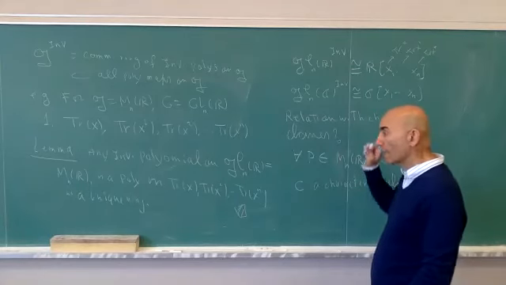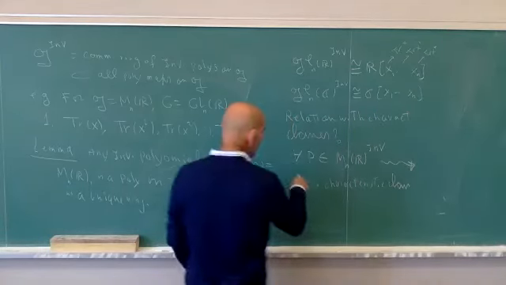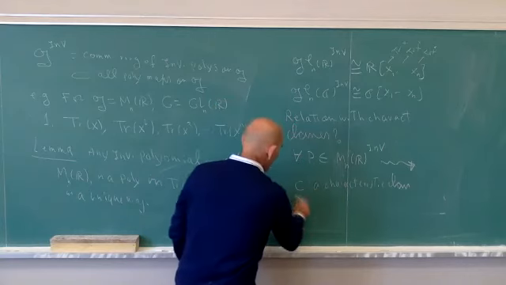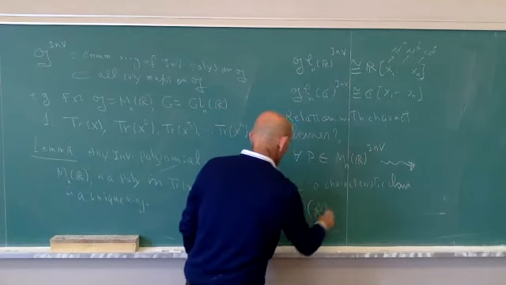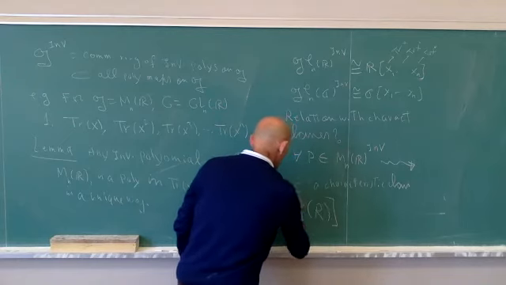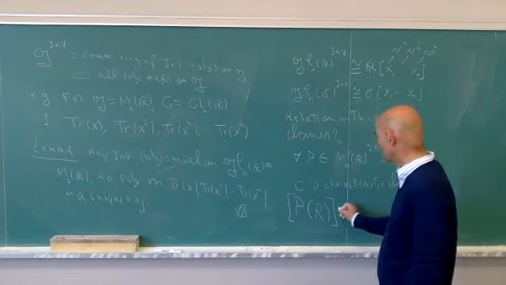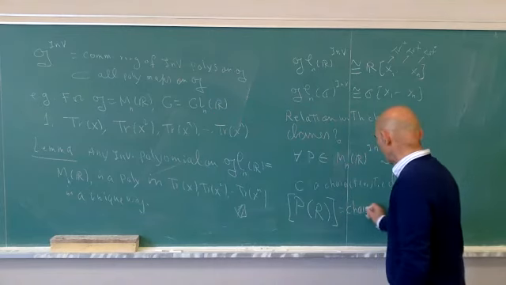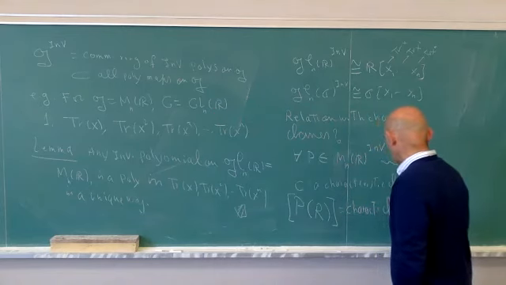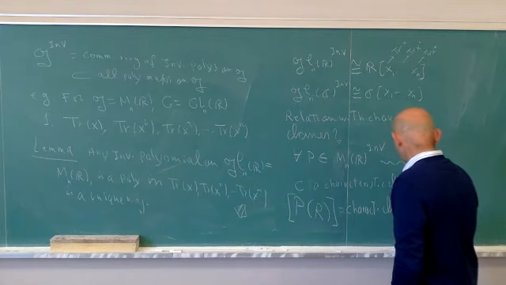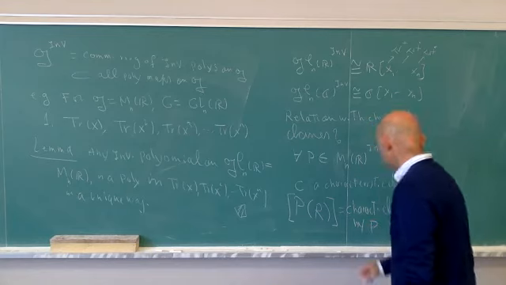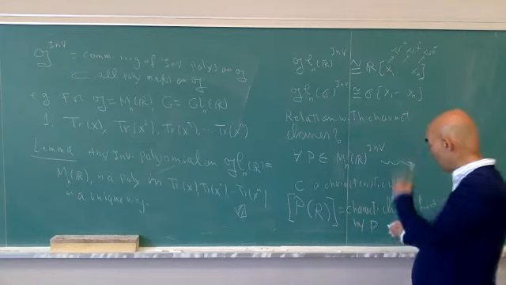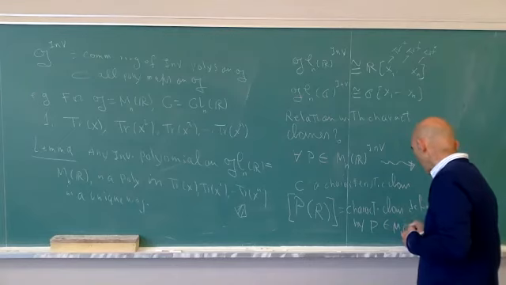Well, the reason is this. We can just apply P. The characteristic class is this P applied to this matrix R, and you take its class. This is the characteristic class defined by the polynomial P belonging to the Mn(R) invariants.